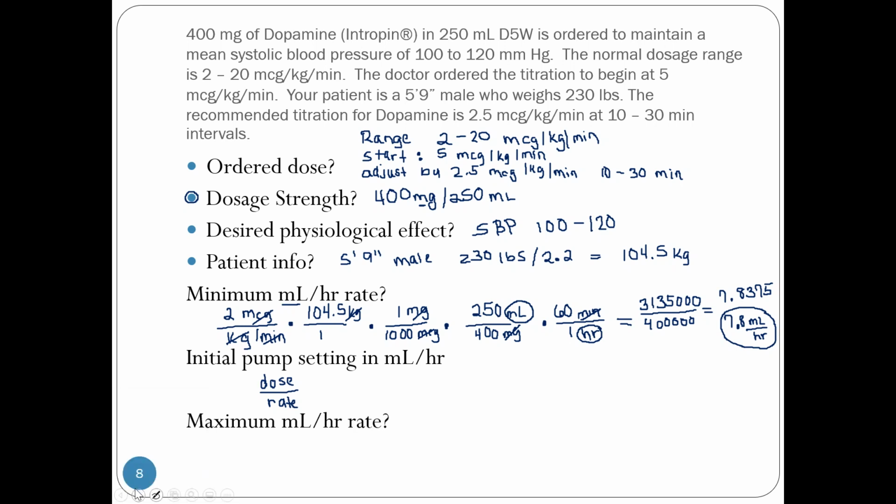Now, I find it helpful for me to always go back and look at what numbers will I be using. So right here, this 2 micrograms per kilogram per minute, this is my minimum dose. And through the dimensional analysis, that gave me 7.8 milliliters per hour, which is my minimum rate.